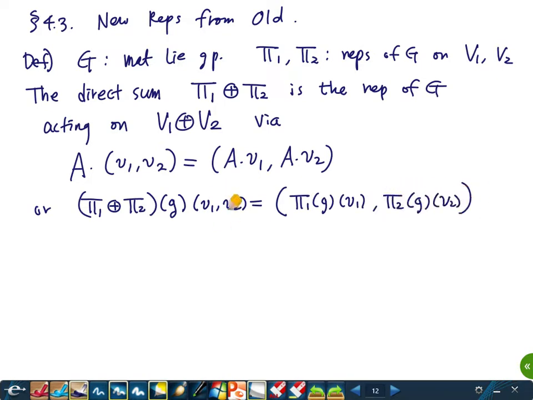Their meaning is the same, but maybe it's better if I use A, because I used A here. That will make additional complication. So they really mean the same thing, but this looks simpler, so we will keep to this notation instead of writing these parentheses all the time.